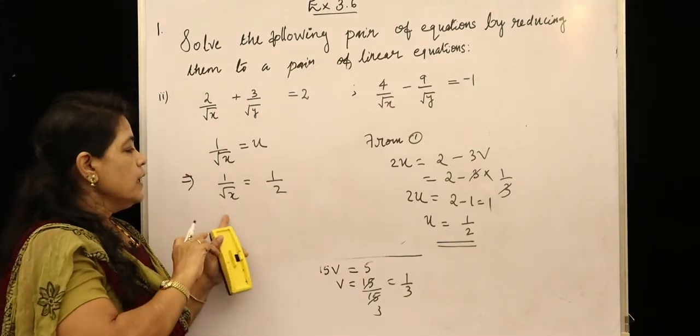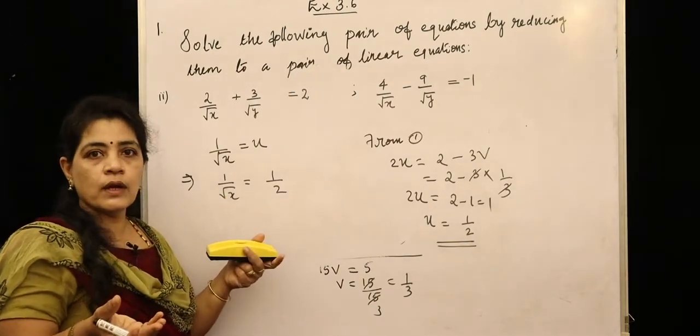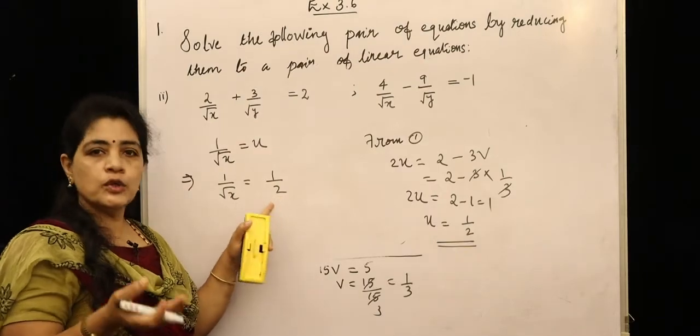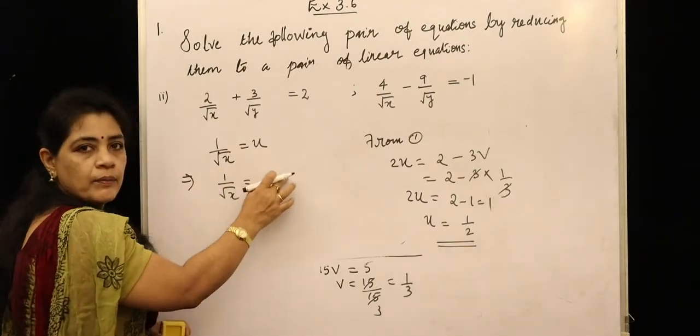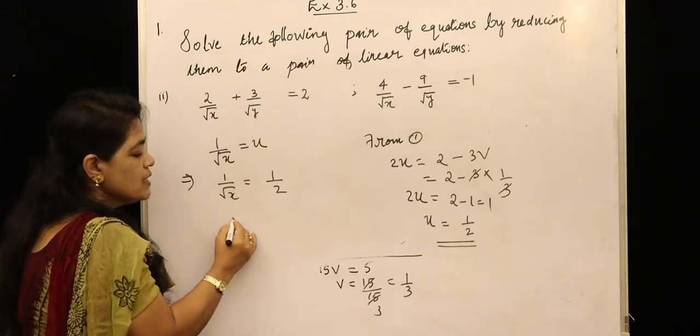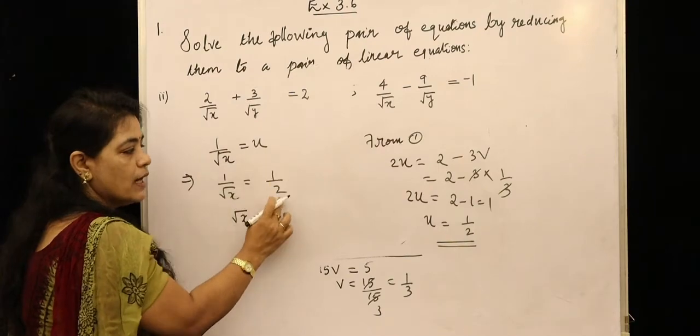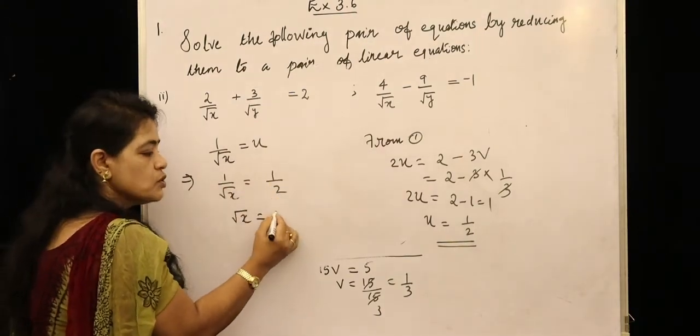And being fractions, by taking the reciprocal, root x is equal to 2, or you can cross multiply, you can take this root x to the RHS. That is root x is equal to root x into 1, and 2 into 1 is 2.